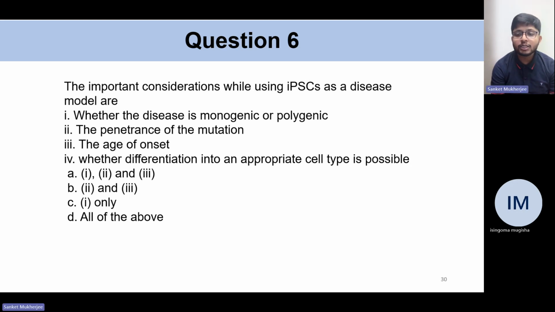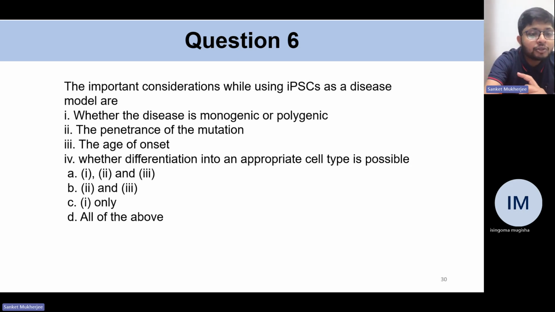Okay, let us look at each of the considerations. For using iPSCs as a disease model, whether the disease is monogenic or polygenic, of course, is one consideration. What does that mean? Whether the disease is caused by one gene or multiple genes, that's what we need to see.